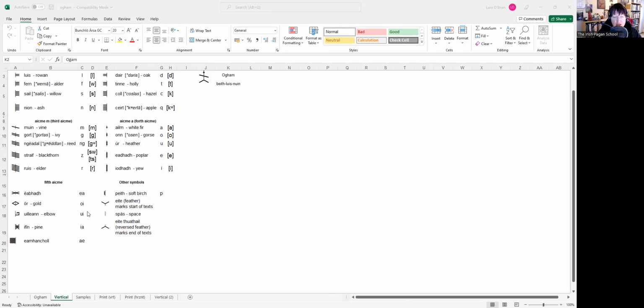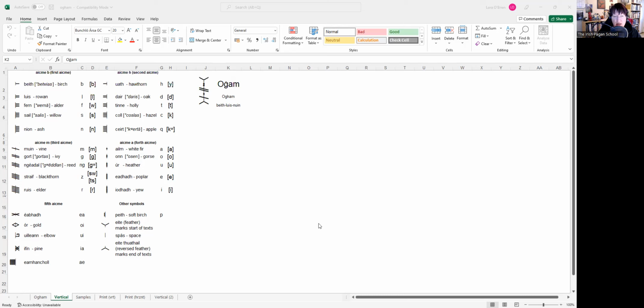Forfeda just means extra letters. So fid is the singular for letter. When we're dealing with feda, that is the plural, and then forfeda is extra letters. So these would be sound values basically here, usually based around the vowels. And one of the questions that I also get is where are the fadas, the accents in Irish, and they don't exist in Ogham, but the sound value does.